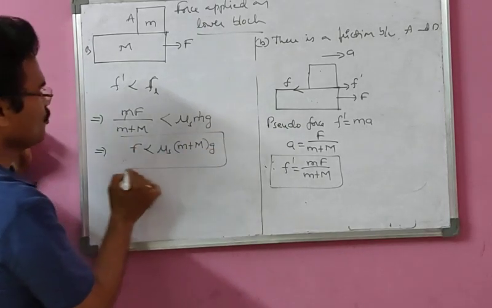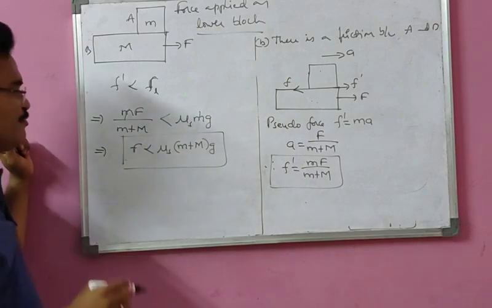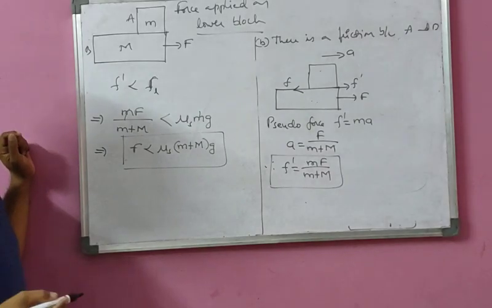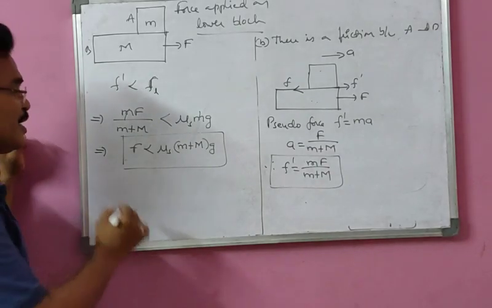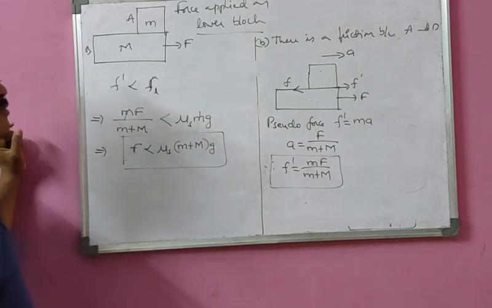That means the two blocks will move together provided the applied force is less than mu S of M plus M of g.